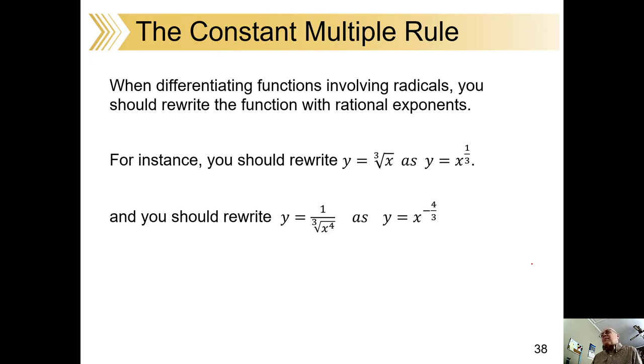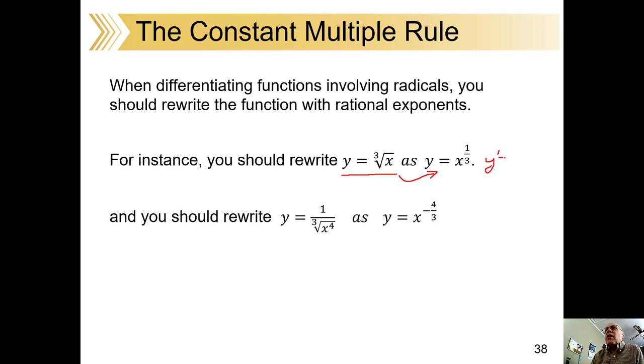Okay, so sometimes things do get a little bit more interesting. For example, over here, our function is a root instead of just a straight power. So rewrite that as x to the 1/3. Then it's ready for the power rule. Bingo. Might as well finish this up while we're at it.